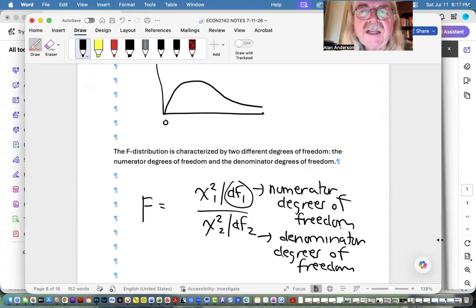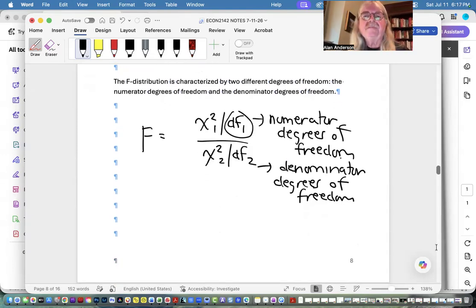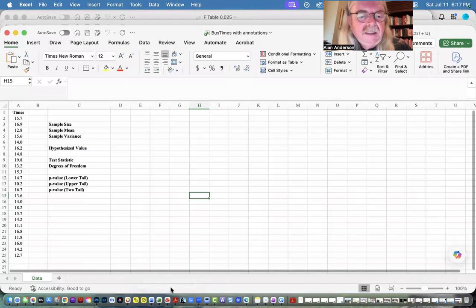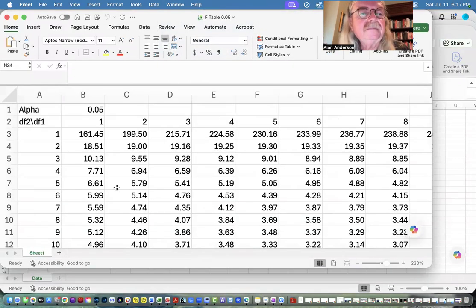Now, that causes challenges for making tables about the F distribution. What challenges would those be? Well, let me show you what this table looks like. Oh, now this is where it gets interesting.